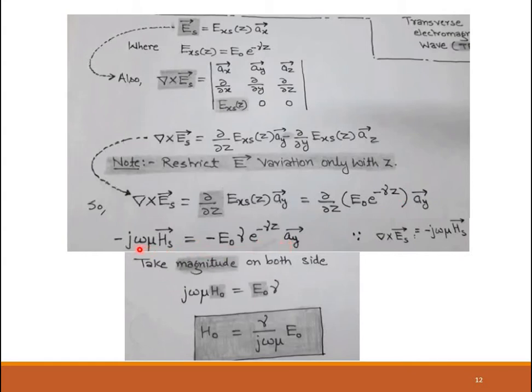When you equate the magnitudes on both sides, the magnitude of H_s is H0, and on this side the magnitude is E0 gamma. So I equate the magnitudes alone: j omega mu H0 is equal to E0 gamma, or H0 is equal to gamma by j omega mu times E0.